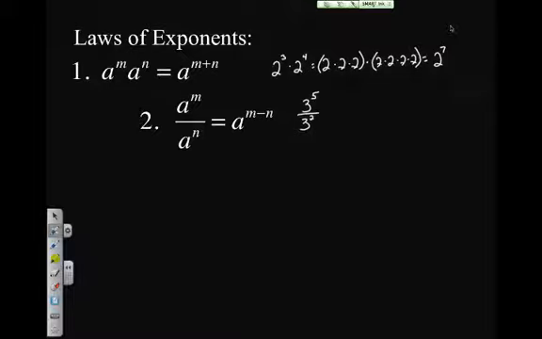Again, by definition, you've got 5 3's on the top, 2 3's on the bottom, and if you think about canceling, you can see what we have left is 3 cubed, which is those exponents, 5 minus 2. So that's just a shorter way of doing that so that we don't have to write out using the definition every time.